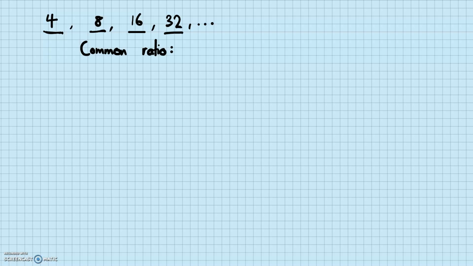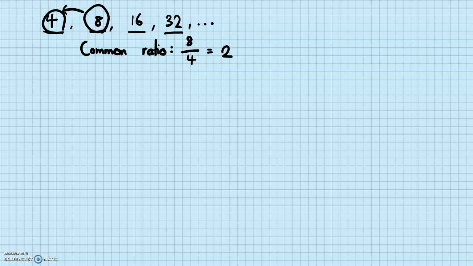And if you look at the other terms as well, you've multiplied by 2 each time to get to the next term. So the general rule for getting the common ratio is to just simply divide one term, let's say 8, by its previous term, which is 4. And then you'll get the common ratio.